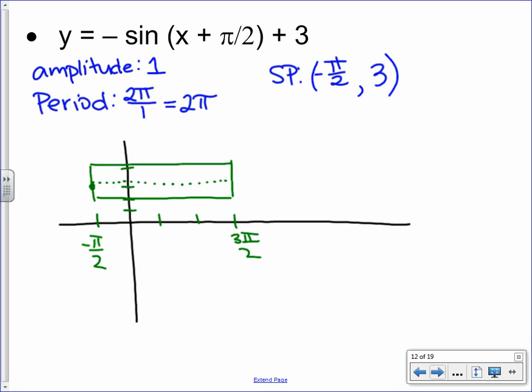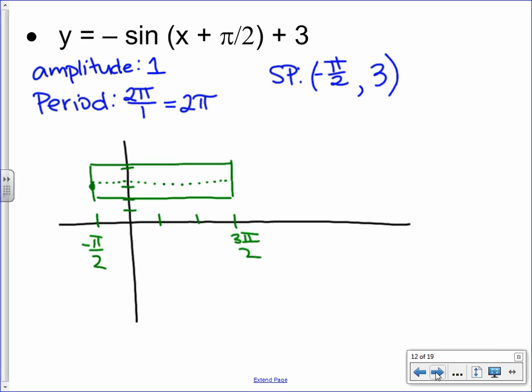We're going to cut it in half. When we cut it in half, what's halfway in the middle? What's halfway between negative pi over 2 and 3 pi over 2? If that wasn't obvious, what could you do to get halfway between?